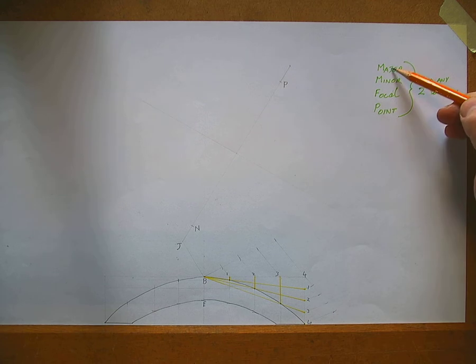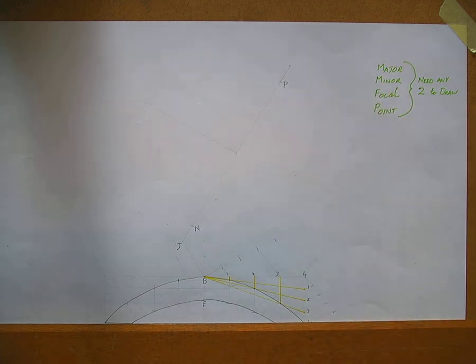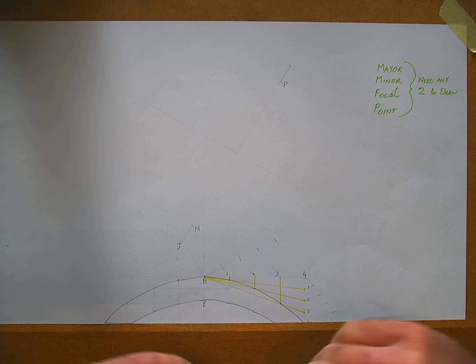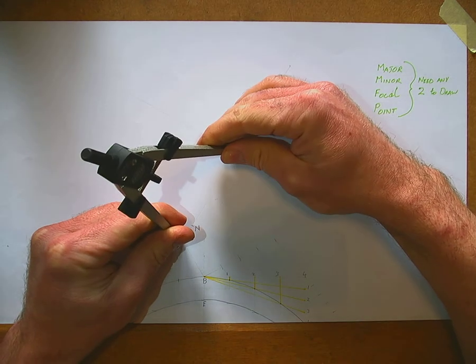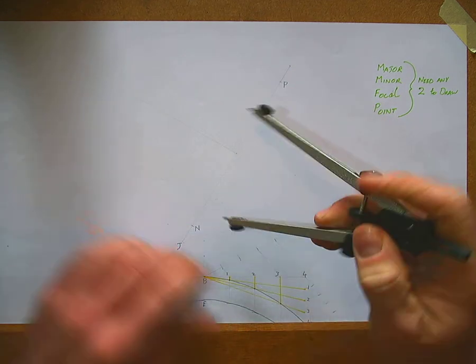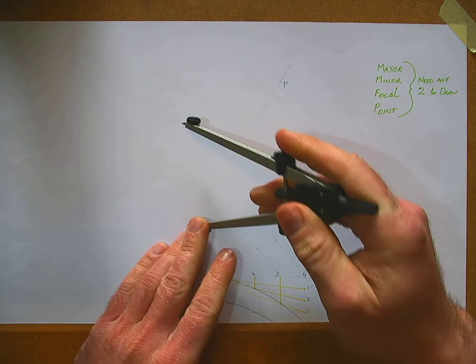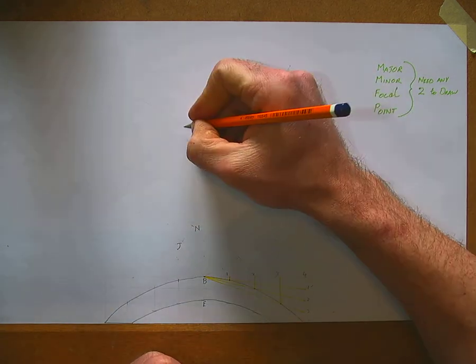What do we have here? We have the major axis and our focal points. This is a very straightforward one, you should all know this by now. Half the major axis swung from one of the focal points will give you the minor axis. We take half the major, bring it to one of our focal points, and strike an arc where it crosses my minor axis.